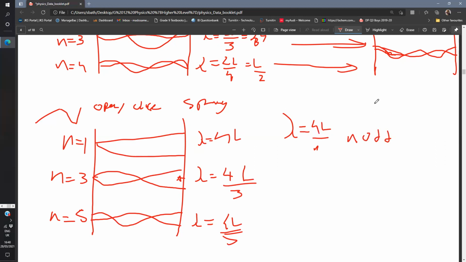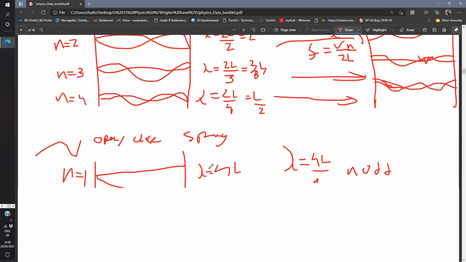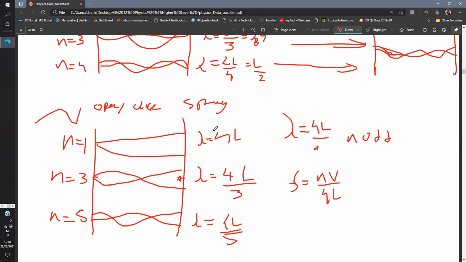Now, how about f? f is equal to nv over 4L. So it's basically just 4 instead of the 2, and everything else is the same. So this is basically the basic concept of standing waves.